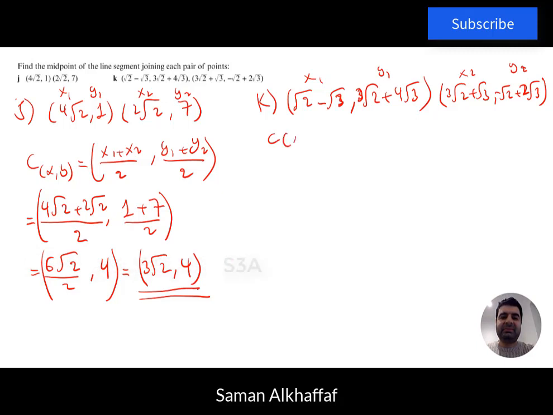So for the midpoint, we would have x1 plus x2 over 2, y1 plus y2 over 2.